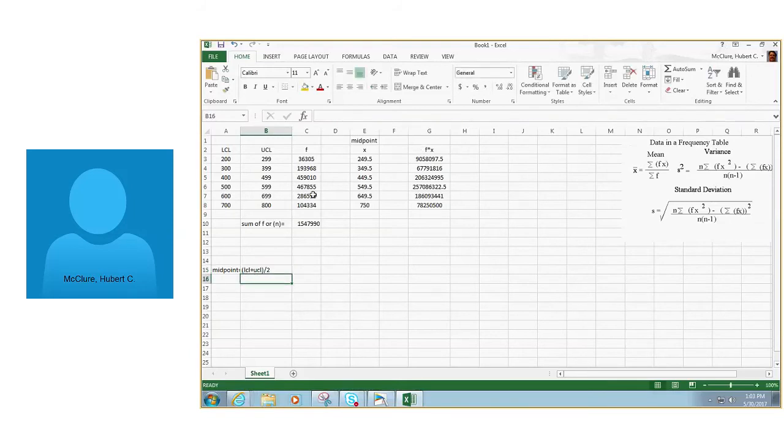Do that for each of your lower and upper class limits. You find the middle of these two numbers. The reason is you can't calculate with two numbers in the formula, so you have to find one number that represents both, and that would be the middle.